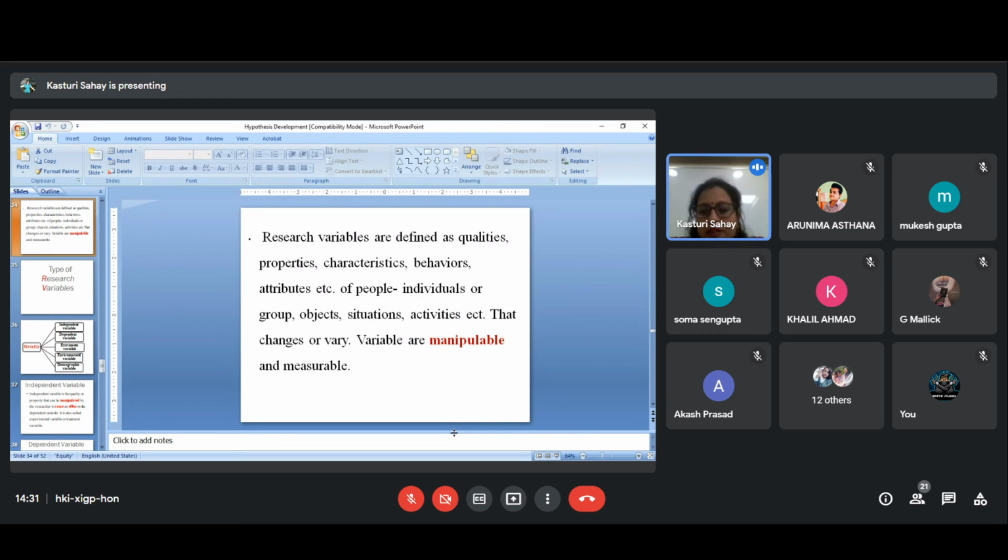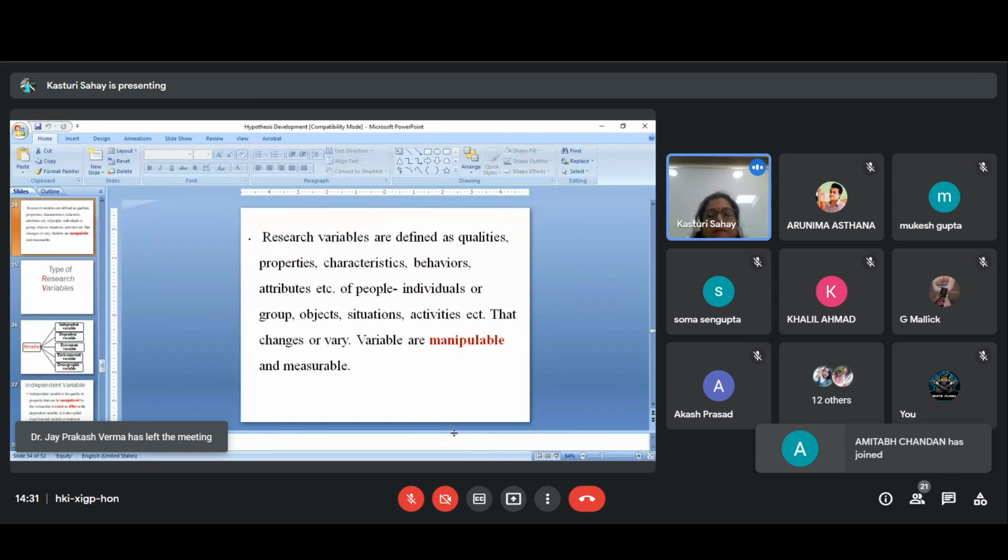Research variables are defined as qualities, properties, characteristics, behaviors, attributes of the element which is under study. The population element, remember, from which we took the sample.